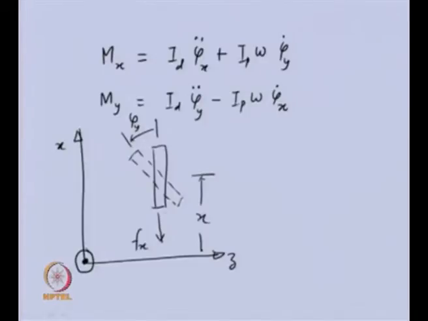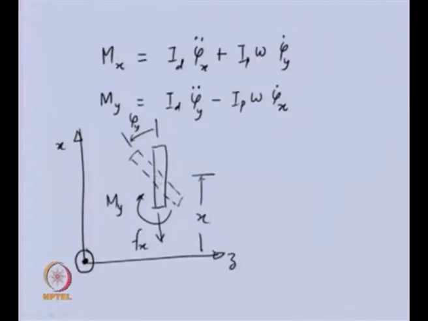Similarly, this is the elastic force which comes from the shaft. Apart from that, we will be having a moment about the y axis opposite to the angular displacement, and this particular elastic moment will basically be the reaction due to all the forces and moments which are acting onto this particular disc.